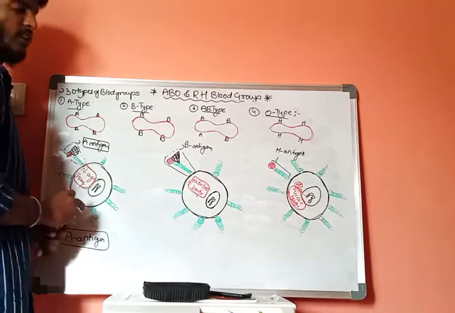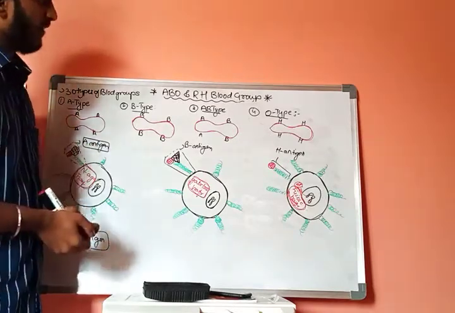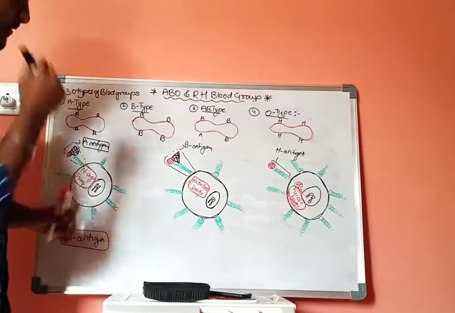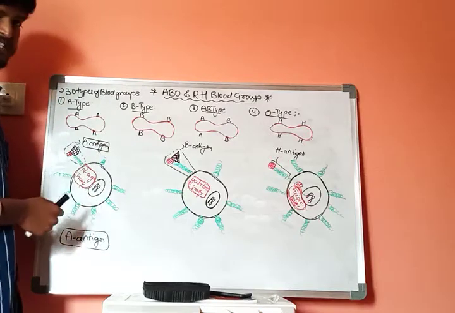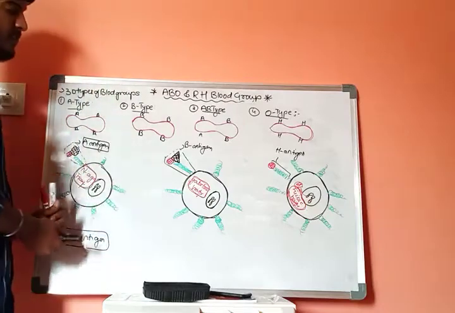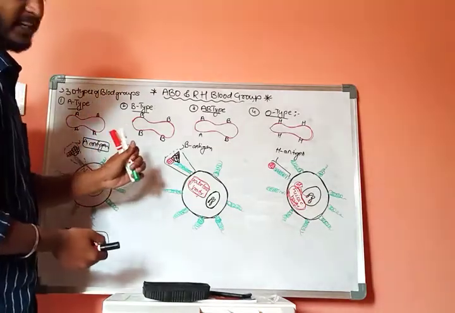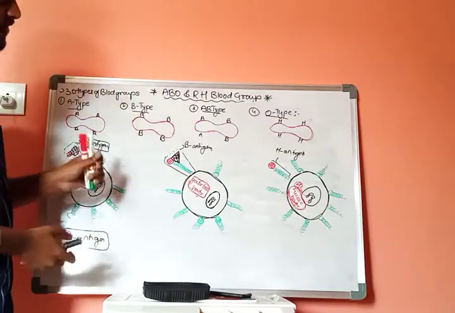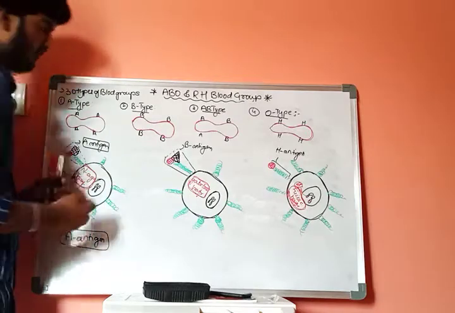When we discuss the Rh type of antigen, in 1940 some scientists discovered that blood taken from a rhesus monkey and injected into a rabbit shows a positive response, and agglutination takes place. Now the blood taken from that rabbit was injected into humans.